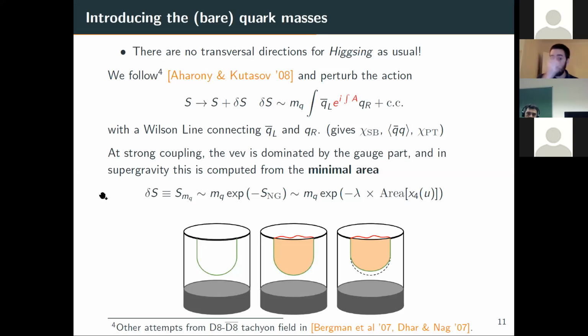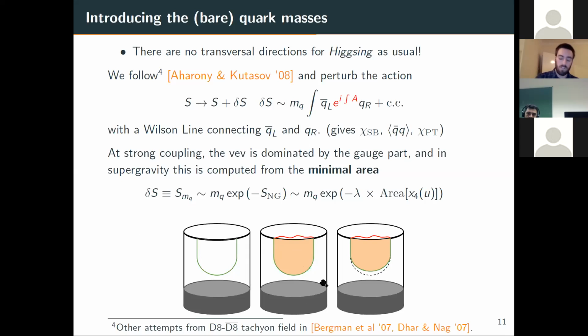And the way to compute this VEV is basically, as always with Wilson lines and Wilson loops, to compute a minimal area. So what you are doing is adding to the system a cost in how much area there is in between these branes, in this colored region here, and this is the Wilson line.